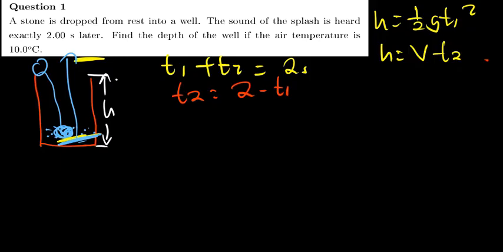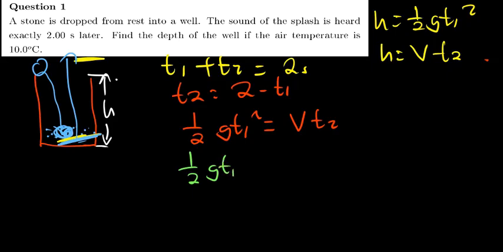So half gt1 squared will be equal to v times t2. Where there is t2, let's replace it with 2 minus t1. So half gt1 squared is equal to v open brackets 2 minus t1. Now we have got t1 on both sides, the left side and the right side.